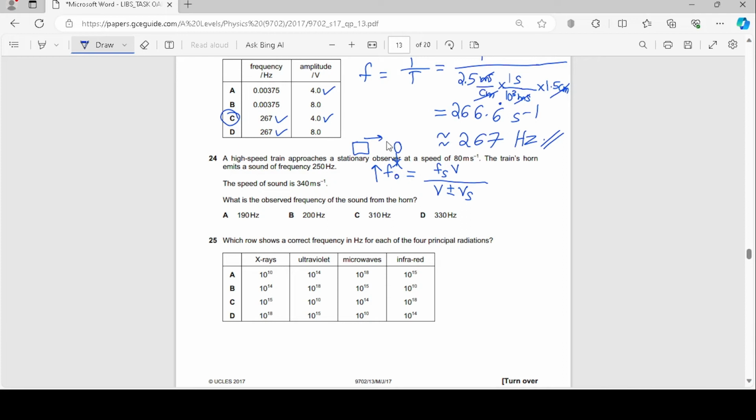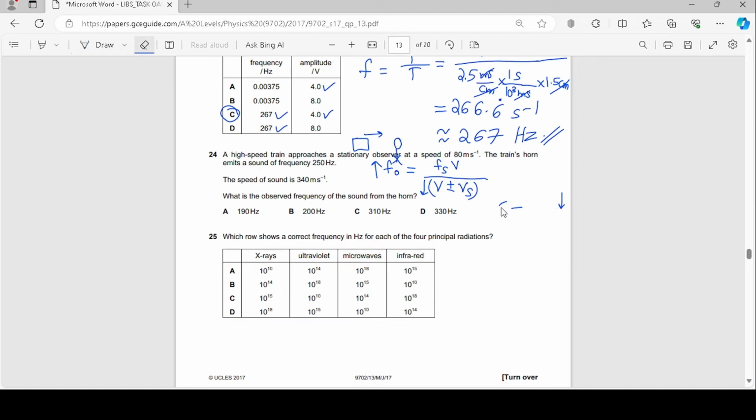So it's going to become louder and louder as it approaches. So if you consider this fraction of v plus or minus vs, then if this is increasing, then this must decrease, because if you consider something like k equals a x, if k is a constant, then as a increases, x decreases, right?